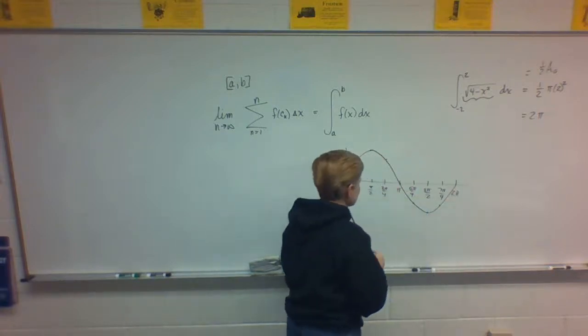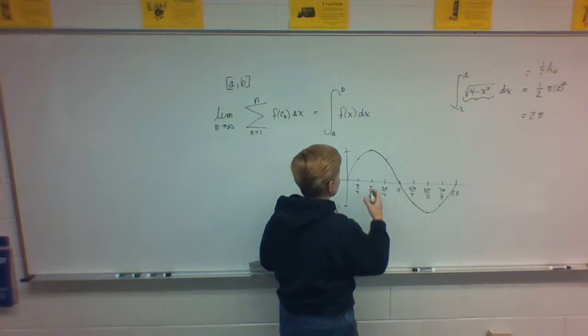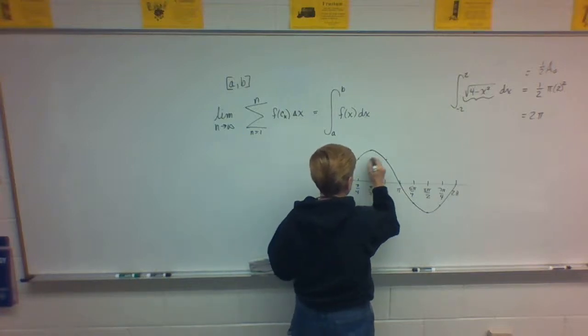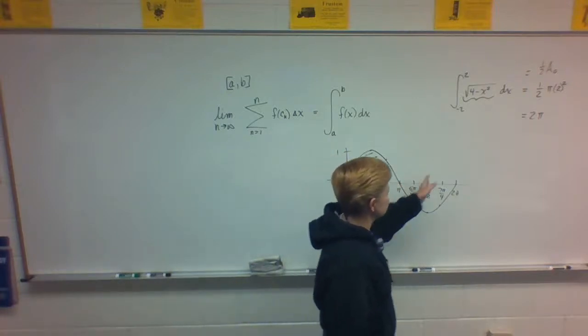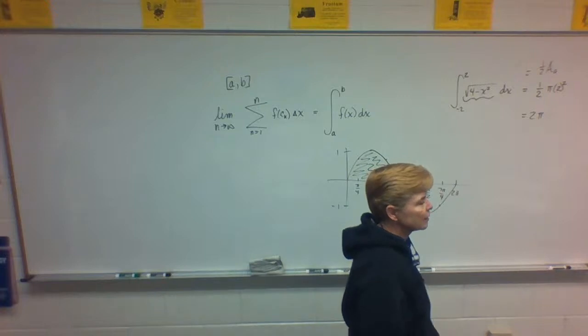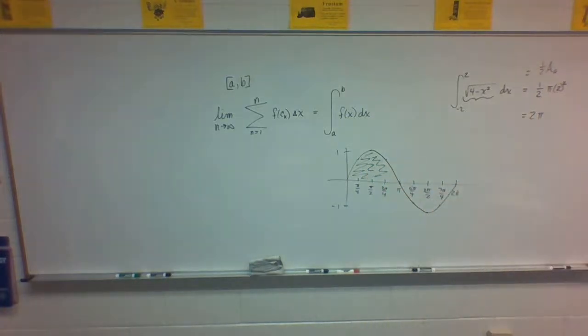Okay, what we're saying, folks, is that this space right here is 2. Are we clear? So if we integrate from pi to 2 pi, this space will be negative 2. All right, take a look at the next one. What will be the integral from 0 to 2 pi? 0.